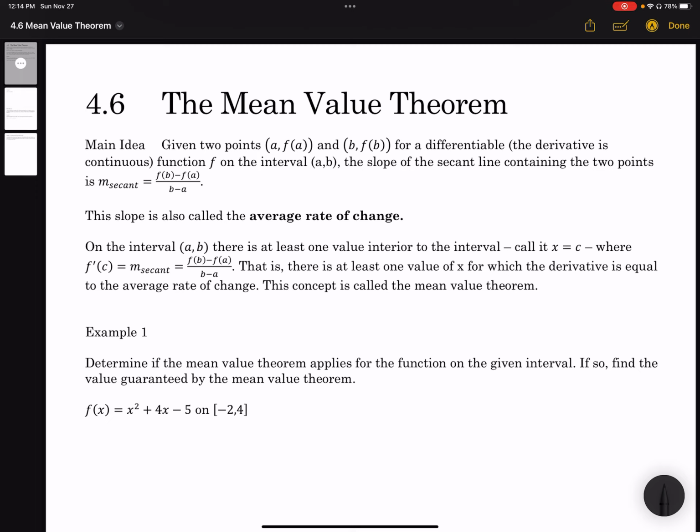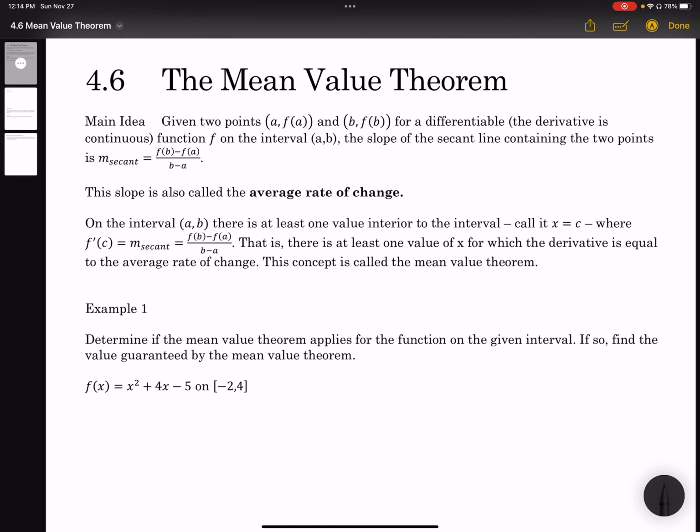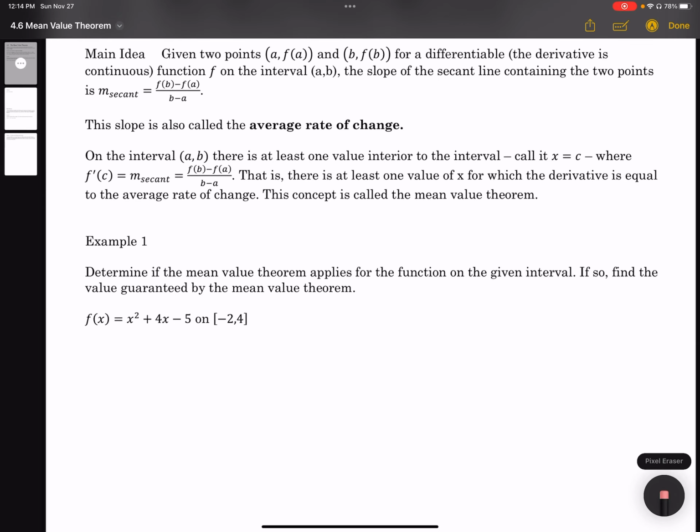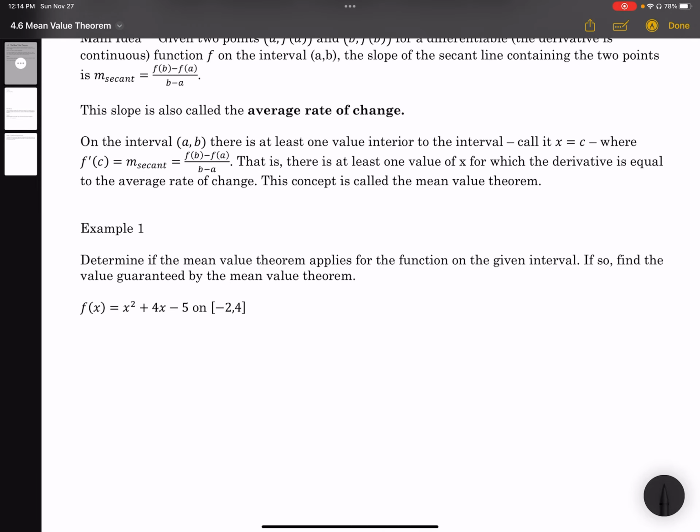So for example 1, clearly x squared plus 4x minus 5 is continuous. It's a polynomial, and polynomials are continuous everywhere. What we need to find is the slope of the secant line, which is f of 4 minus f of -2 over 4 minus -2. f of 4 is 16 plus 16 is 32, minus 5 is 27. f of -2 is 4 minus 8 is -4, minus 5 is -9.